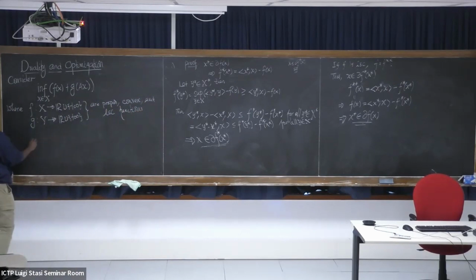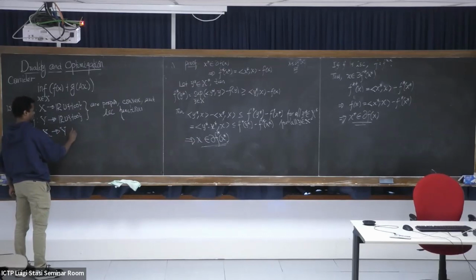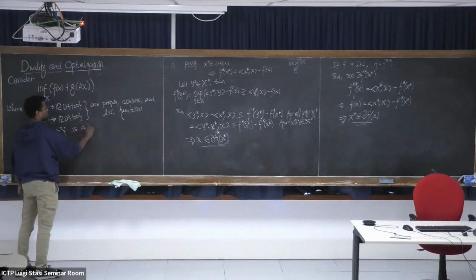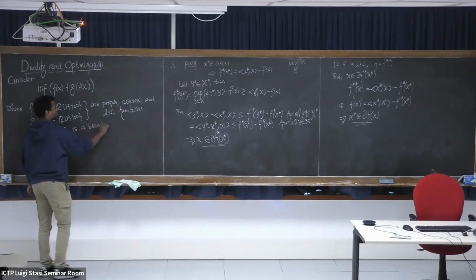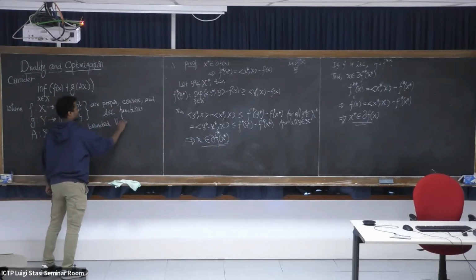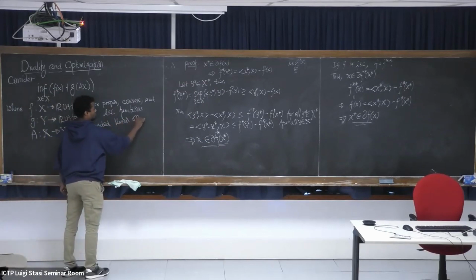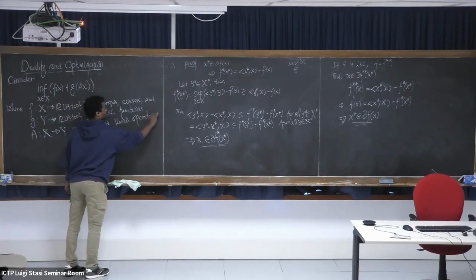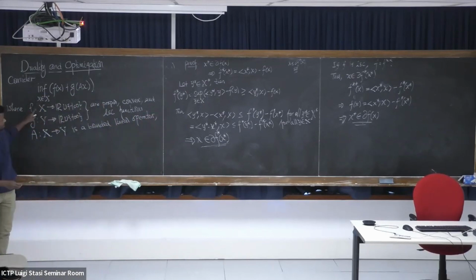And let A be an operator from X to Y, which is a continuous linear operator, that is, bounded linear, for X and Y normed spaces.